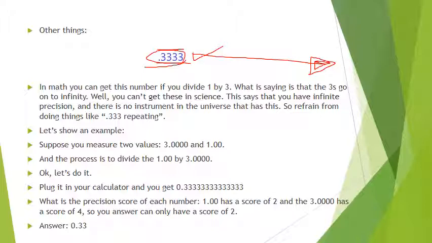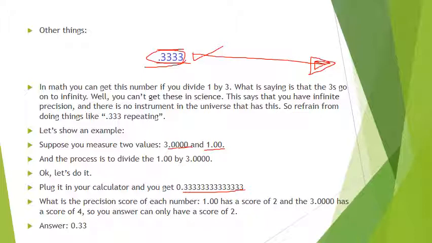So let's say you measured 3.0000 and 1.00. You plug it in your calculator, and sure enough, it gives you this, because your calculator is dumb. Your calculator just gives you a calculation.